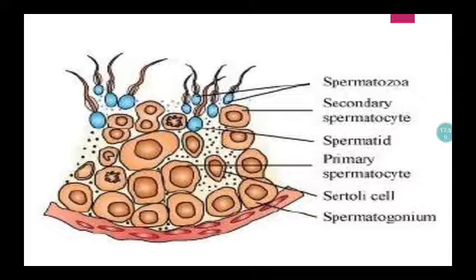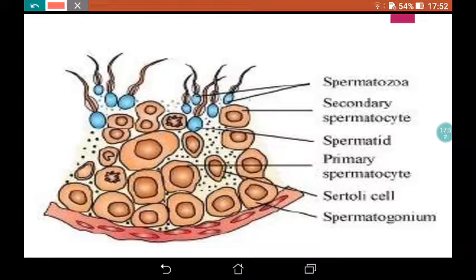So here just look at the different stages that you have studied during spermatogenesis. Now just look here, this is the spermatogonium cell, this is the long tubular Sertoli cell. I have told you that the Sertoli cell produces ABP, which results in concentration of testosterone.